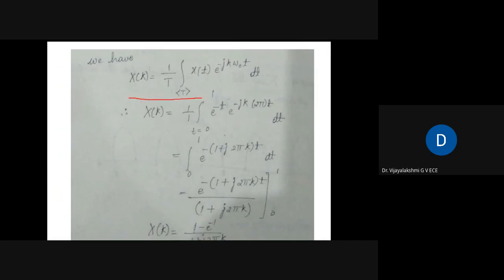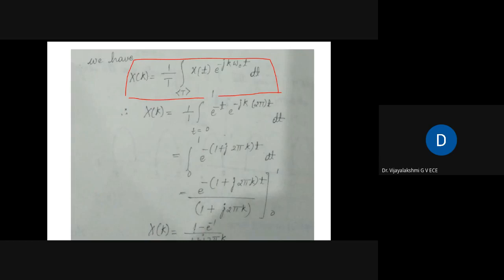In the first two examples, I expanded the given x of t and compared it with the standard x of t expression, and we found the Fourier series coefficients. In this problem, I am directly using this expression to find the coefficients.